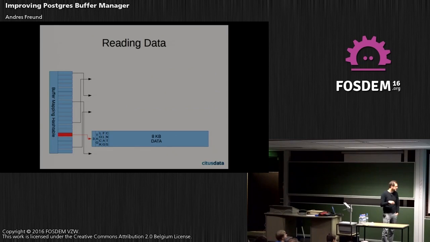Then we say, okay, I can now use this page to store the data, and I have to lock the page. I have to set the tag, and the tag is basically the identity of that buffer cache page, and that says I'm page 15 of the table so-and-so in the database so-and-so. And there's some other things that I'm going to come to later.